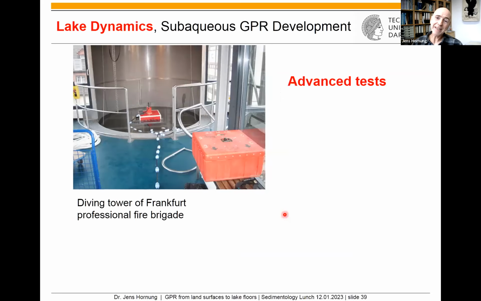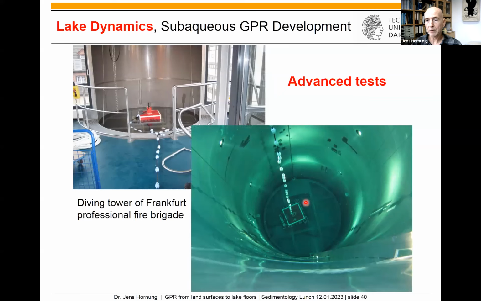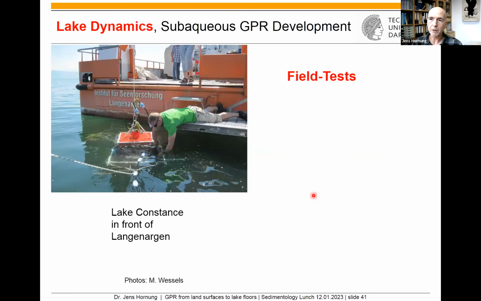But one day we could go for an advanced test, and we used the diving tower of the fire brigade in Frankfurt. This was very convenient. I had a platform to assemble the device, and then we brought it down to 12 meters water depth, and ta-da, the antenna is sealed. No water enters, no air comes out. So we were pretty sure that we could go for field tests. However, field is another thing.